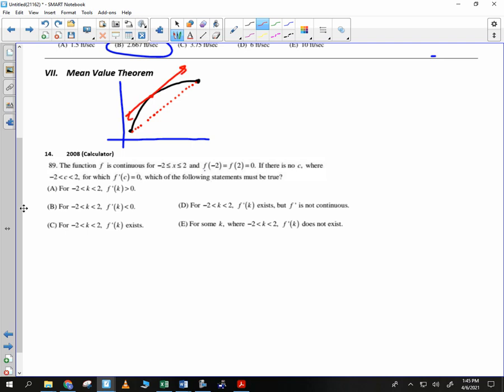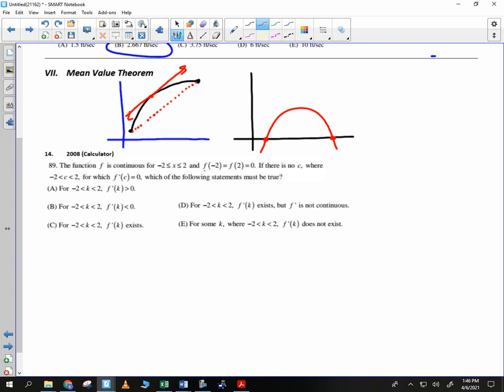Now, there's another one that we talk about. It's kind of a corollary to this one, and it's called Rolle's theorem, and it says this. Suppose that there are two spots where the function travels through the x-axis, and we'll say that the function is continuous and differentiable.